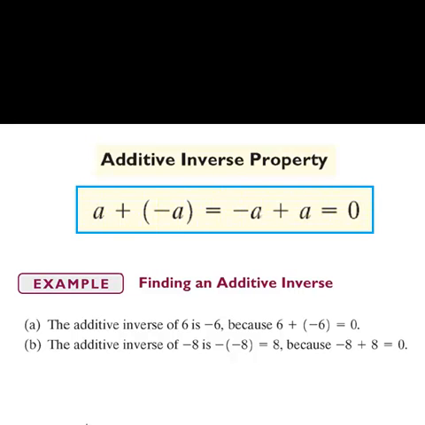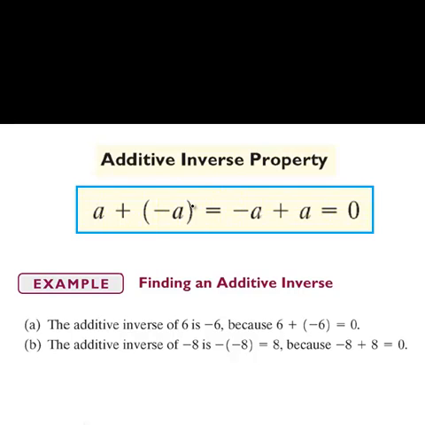When you take the additive inverse of a number, you're taking the negative of it. Now, when we say the negative, it just means you're applying a negative in front of the number. It's like reversing direction on the number line. So if you take the negative of 6, that means negative 6.